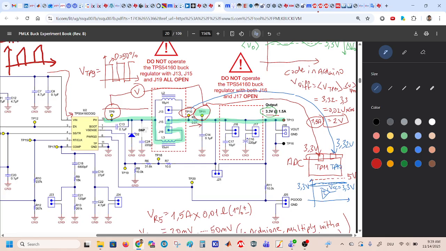Or if the difference is smaller, let's say 0.5 amps, this difference will be smaller, and in this case, let's say 0.7 volts for 0.5 amps.